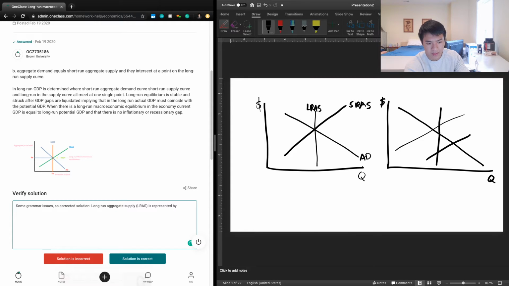So by the vertical line on the graph, and is defined as the potential GDP of the economy, assuming it is operating at full capacity with all factors variable.